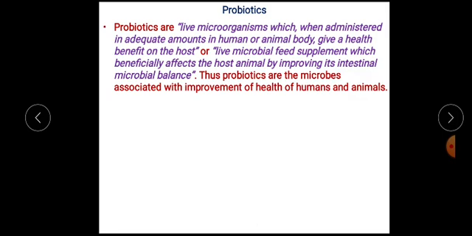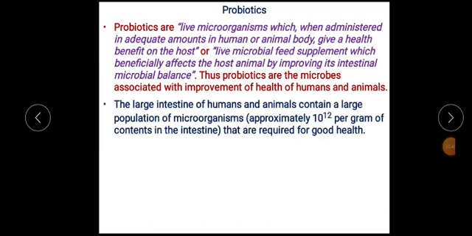As I have said, probiotics is a preparation containing live microorganisms which are artificially introduced in our body to give health benefits or to improve the health of humans and animals. That can be the definition. Or these are the microbes associated with improvement of health of humans and animals.